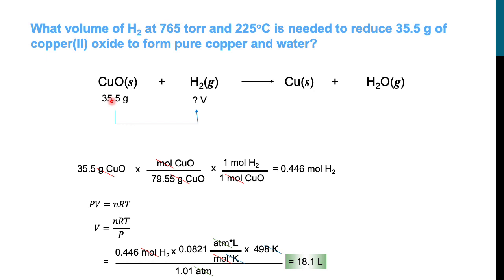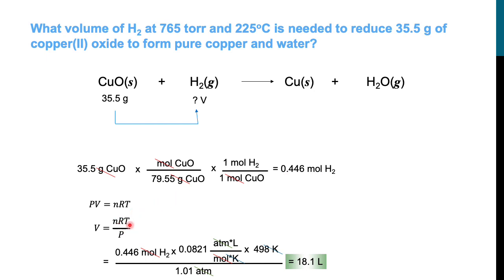So you can use the stoichiometry. So mass of the copper oxide divide with RMM for the copper oxide, so you'll get number of mole of copper oxide. Then use the mole ratio here, 1:1 here, okay, to get the number of mole for the hydrogen gas. Okay, so n here is from the mole of the hydrogen gas. R here is a gas constant.